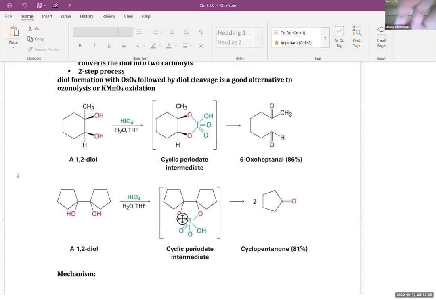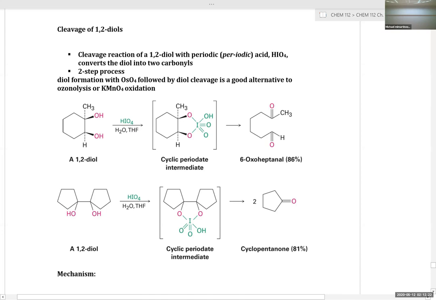Okay, so now that we have all these methods to generate 1,2 diols, 1,2 diols can in turn be converted into carbonyl functional groups via oxidative cleavage.